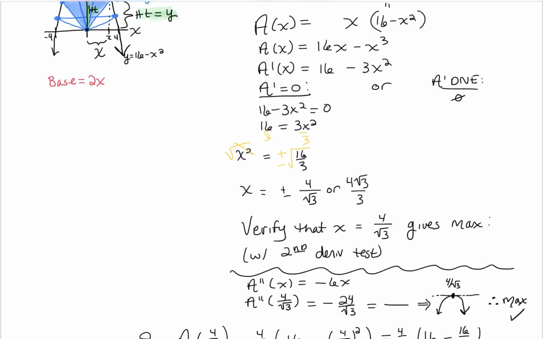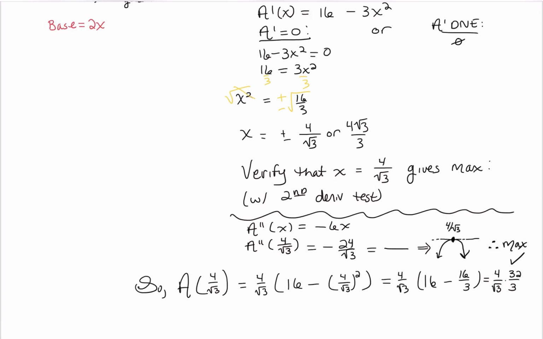And so, let's see here. So 32, no, hang on. So our 16 minus our 16 thirds. So that's going to give us 32 thirds. I started to say that and then it didn't sound right to me. So 4 over square root of 3 times the 32 thirds here. And so that's really going to be what our area is.